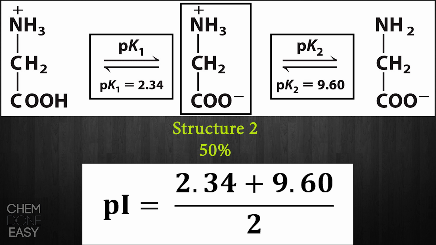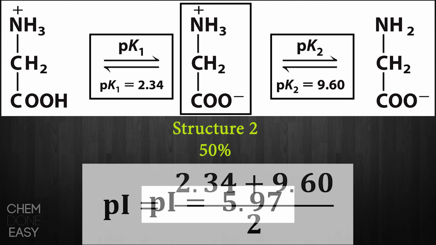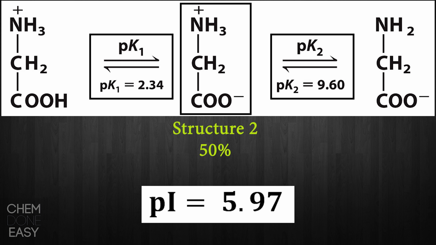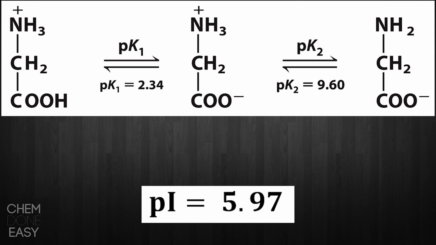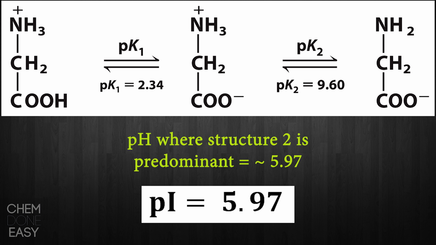Therefore, 2.34 plus 9.60 divided by 2 will give us 5.97. Therefore, the estimated pH at which the glycine molecule is predominantly at a neutral charge is a pH of 5.97.